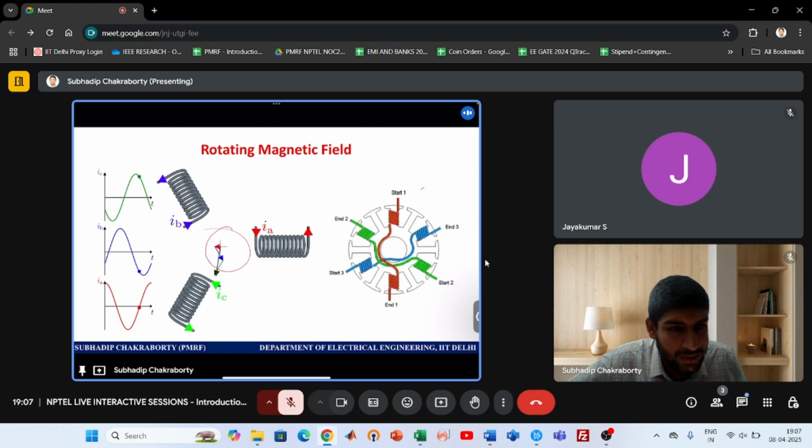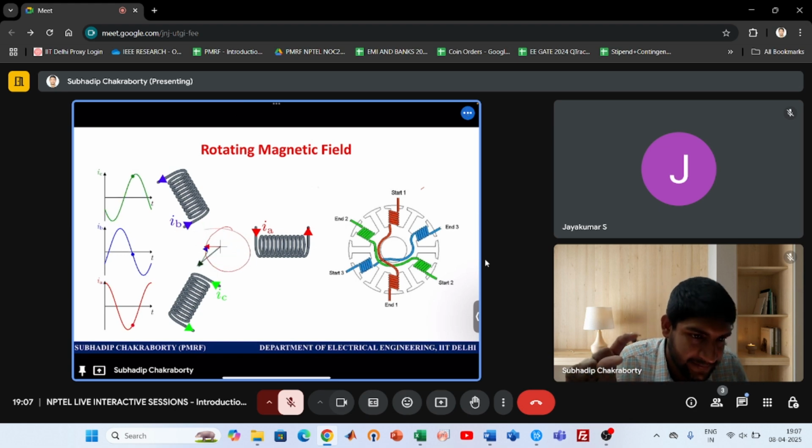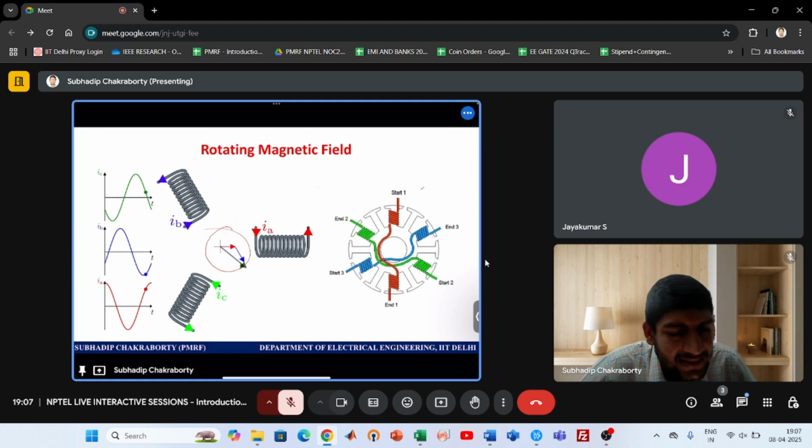Balanced positive sequence voltages of a fixed amplitude produce a fixed magnetic strength, that is flux strength. If you change the voltage amplitude, given that it is balanced, then it will add up to be a fixed magnet of a fixed strength for that given amplitude of voltage. So that's how it rotates and cuts the conductor accordingly.